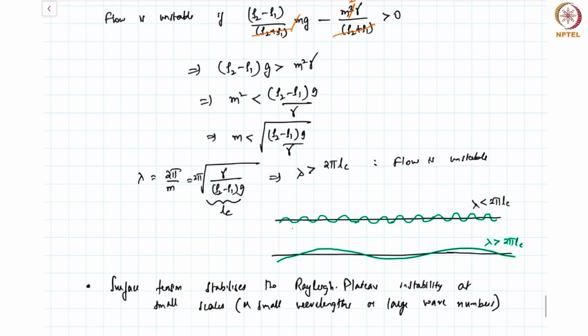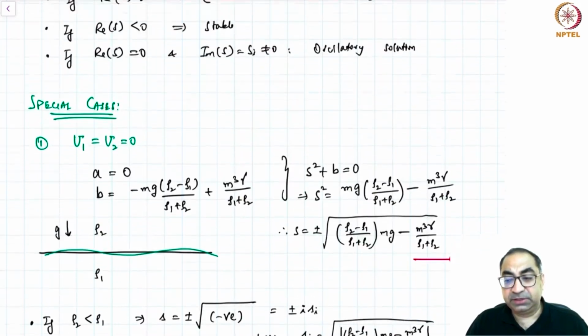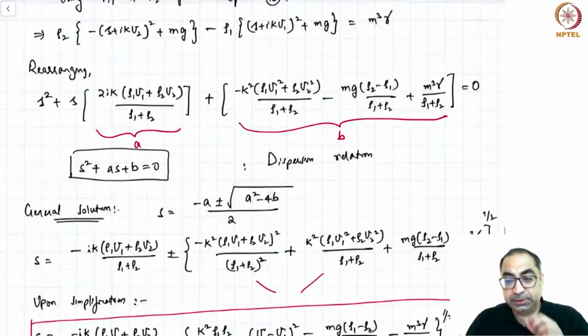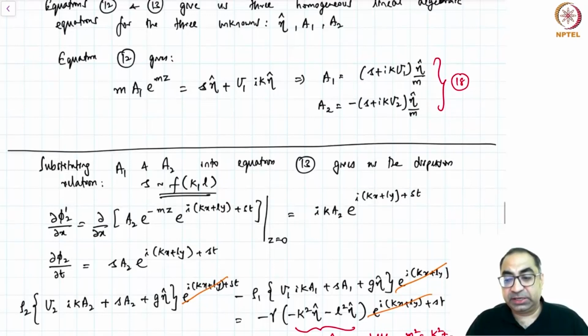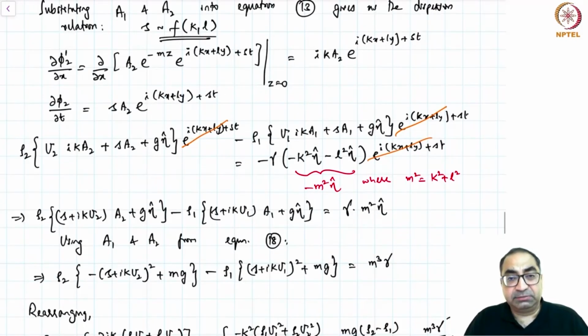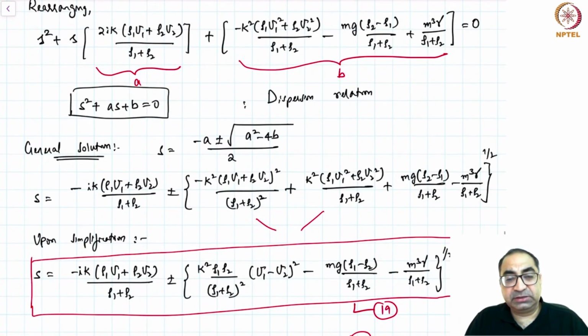So let me quickly recap what we have done in today's lecture. We completed the analysis of the dispersion relation. We derived a general dispersion relation by finally using the normal stress balance. After deriving it, the dispersion relation turns out to be a simple quadratic equation, and for a simple quadratic equation, exact solutions can be found.